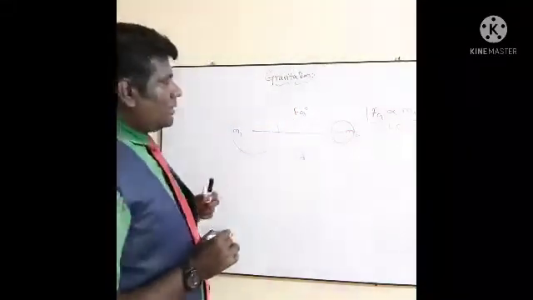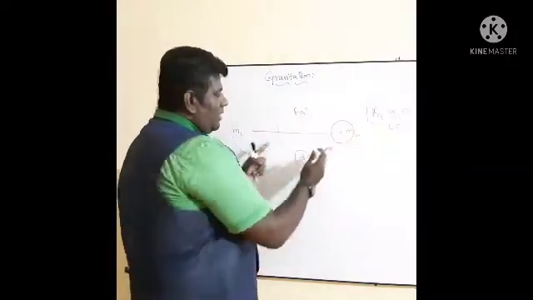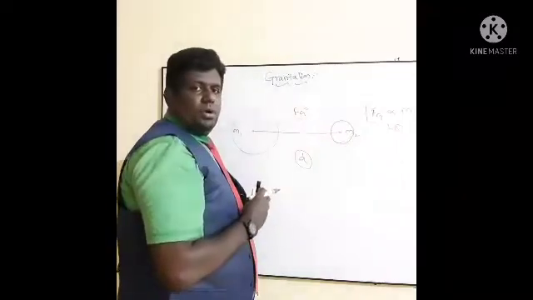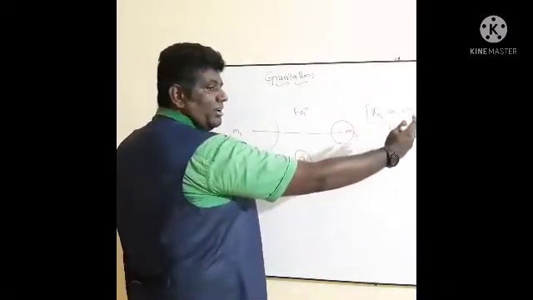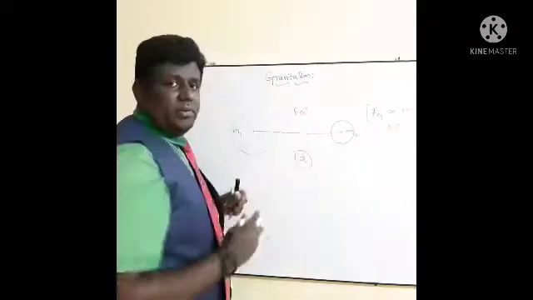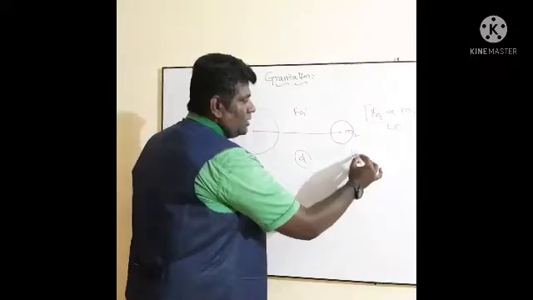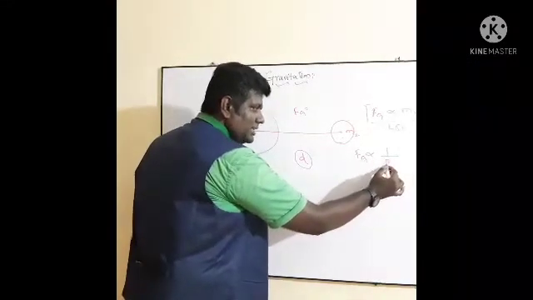Then coming to the second equation, there is another parameter, distance. Whenever we increase the distance, the force between these two masses will decrease. Therefore, gravitational force is inversely proportional to distance.